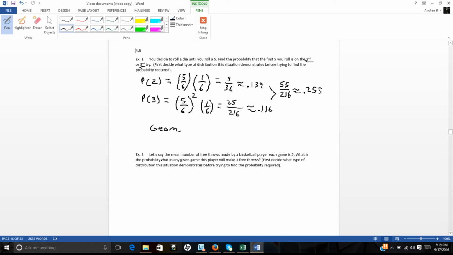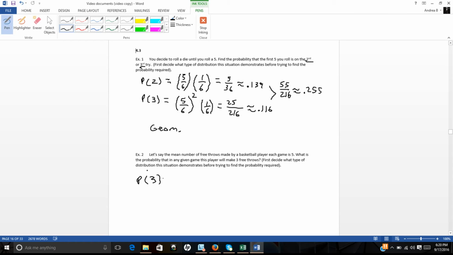It says the mean number of free throw shots, so the average for this basketball player, is 5. And the probability we're trying to find is that in any given game this player will make 3 free throw shots. So the x value, the number of free throws that we want this player to make, is 3.